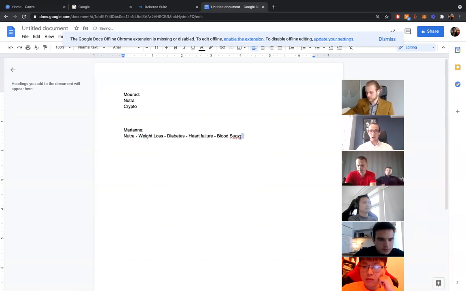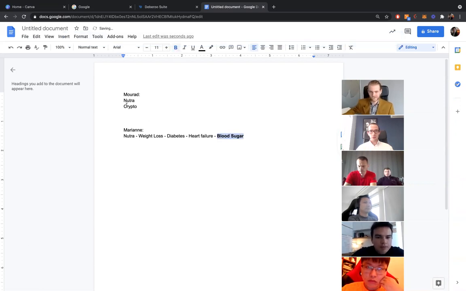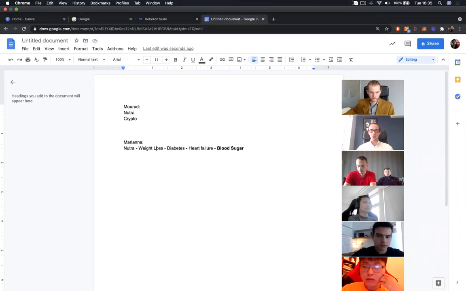All right, so we can already see that on the weight loss, we know the angles. I think it will be quite easy to make good creatives, but I would like to do this one because I think that one's quite interesting. So we'll start with the Neutron weight loss in general, and then we'll do one for blood sugar if we have time, and if there are no questions, then we can continue.